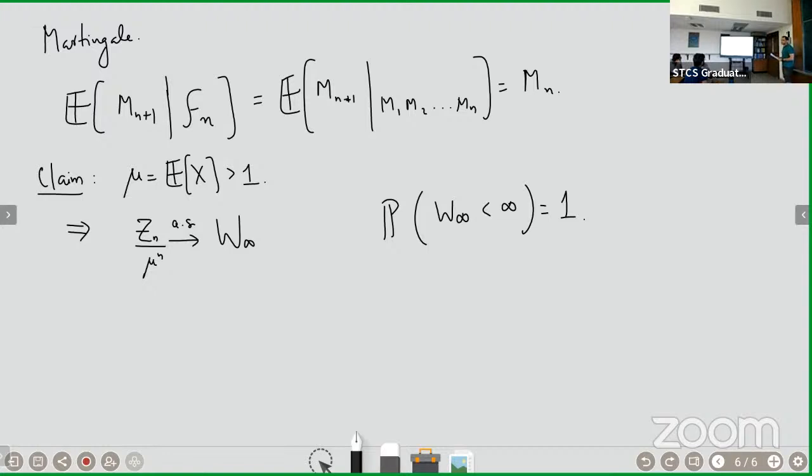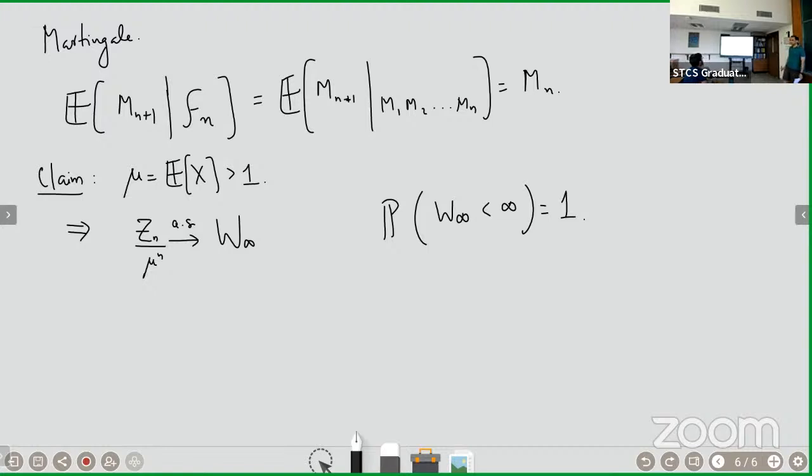That's what it is. We did a simple exercise. What is the expected value of Z_n? Mu to the power n.